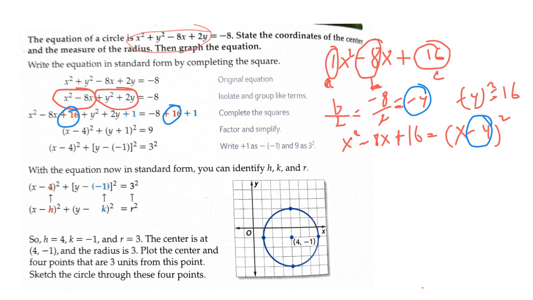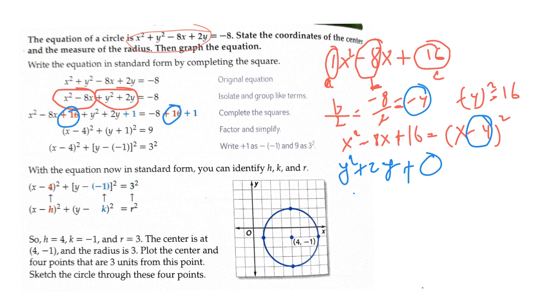Now we're going to do the same thing for the y's. On the y's we have y squared plus 2y. So we have to complete the square for this one by adding a number right here. The first step we said is to take half of the middle term. In this case b equals 2.